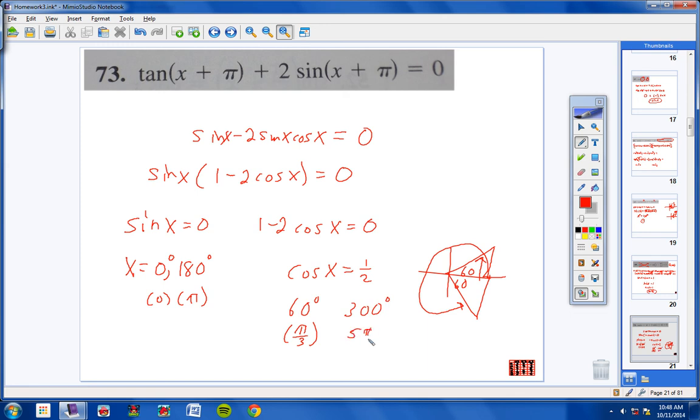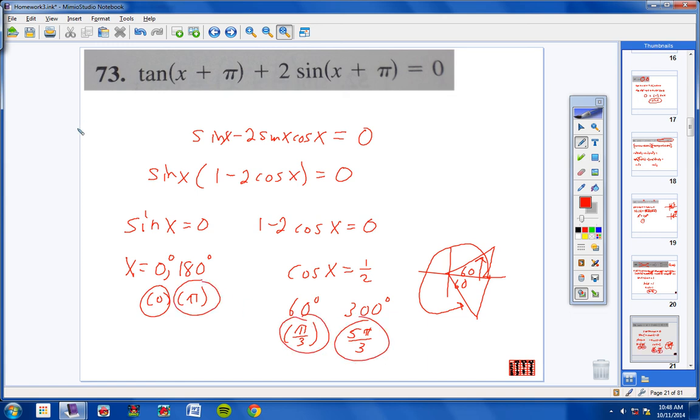Now, a word to the wise, a little bit of a warning. Remember I told you guys, anytime you multiply both sides of an equation by an unknown, like earlier when we multiplied both sides by cosine x, sometimes you get extra solutions that don't work. Also, your original problem had a tangent and a sine in it, so some of these answers might not work.